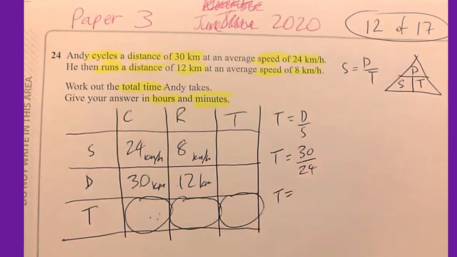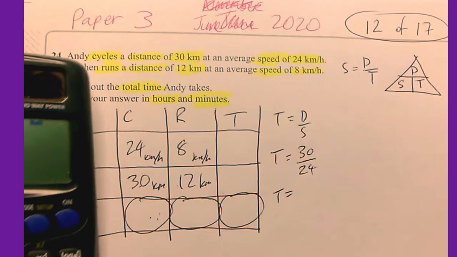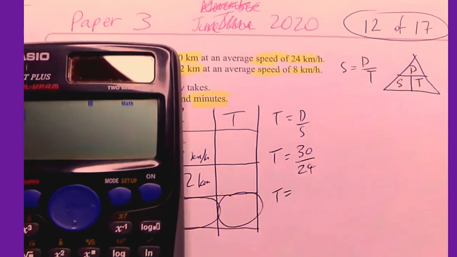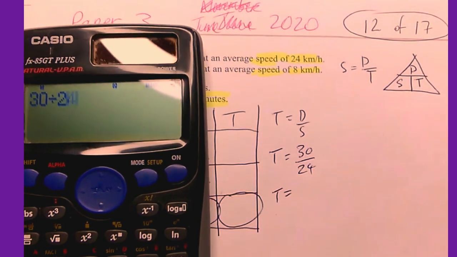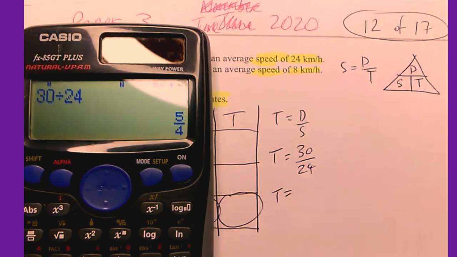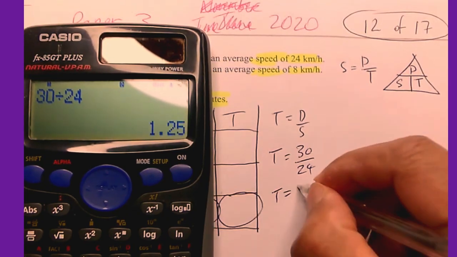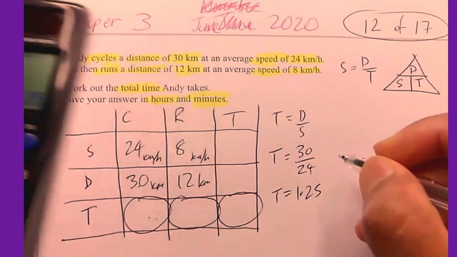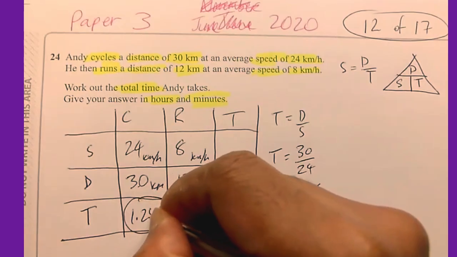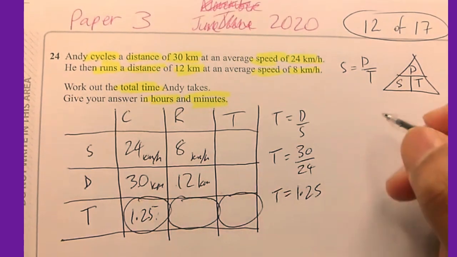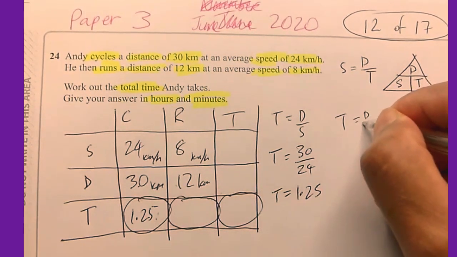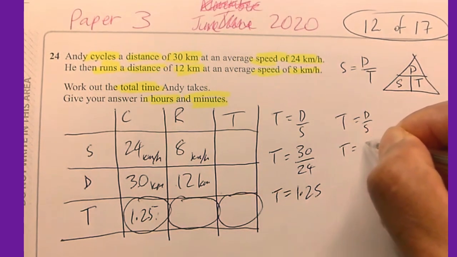That gives me 1.25. And that's in terms of hours, which is good. My units are fine.